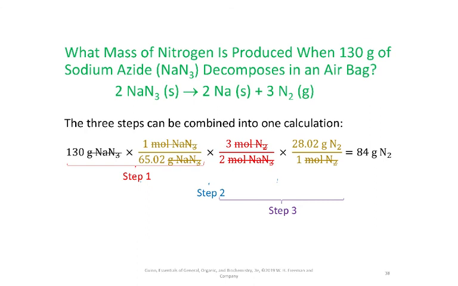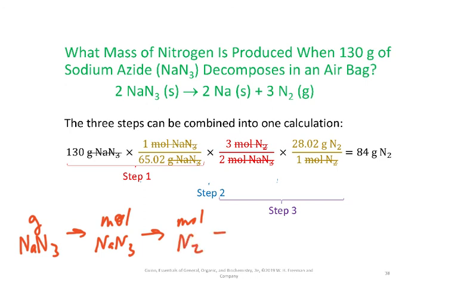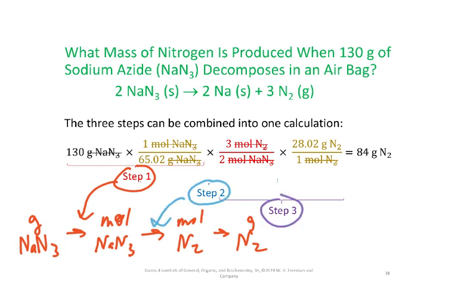So our unit plan would basically be grams of NaN3 to moles of NaN3 to moles of N2 to grams of N2, right? And each arrow represents a step, or a conversion. But we can combine it all into one. Everything cancels out until the end we get grams of N2.